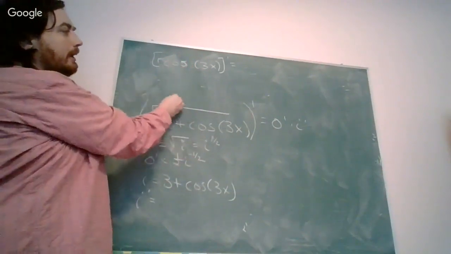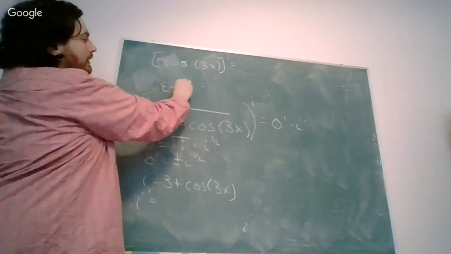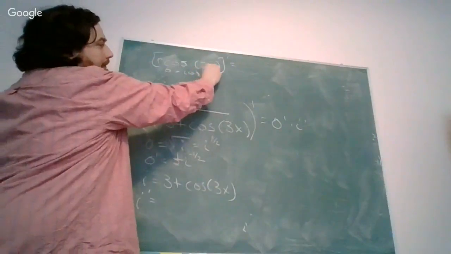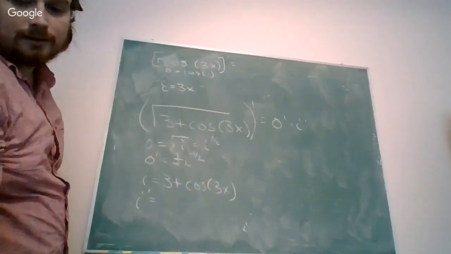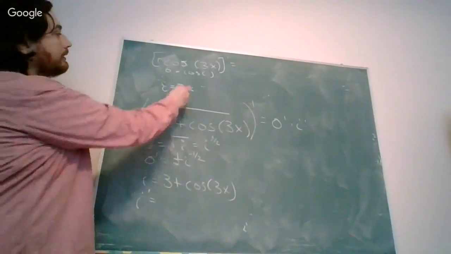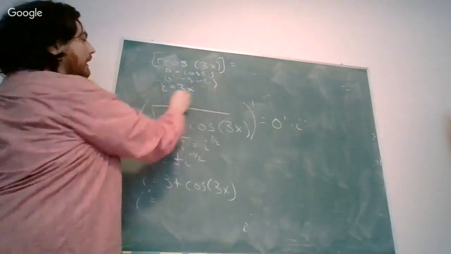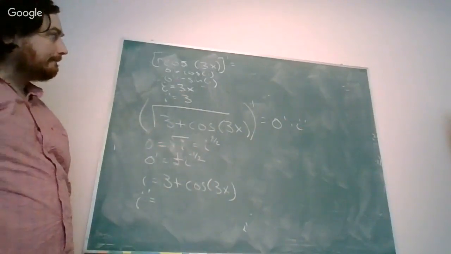But if not, what we need to notice is that this is a chain rule, and my inside function here is 3x. My outside function is cosine of I. So the derivative of cosine of I is negative sine of I, and the derivative of 3x is 3.